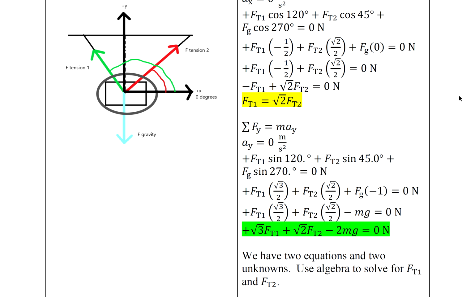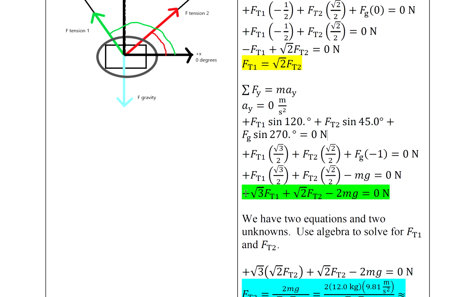Sigma F sub y equals ma sub y. A sub y is 0 because this block is not moving up and down. We have these three forces equaling 0 newtons. So now we have this relationship here. So, what do we do?